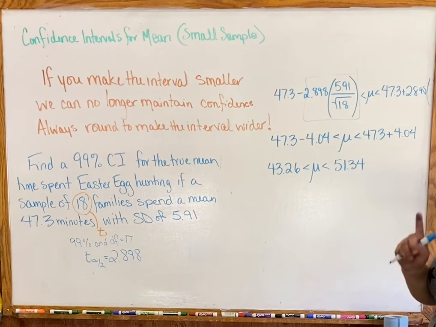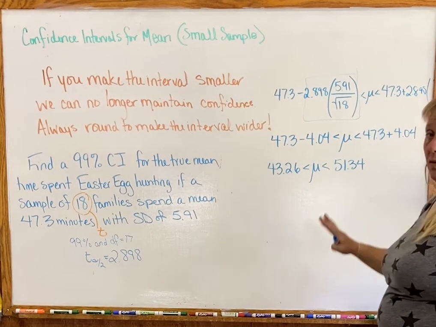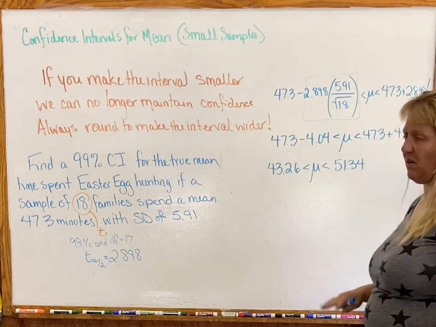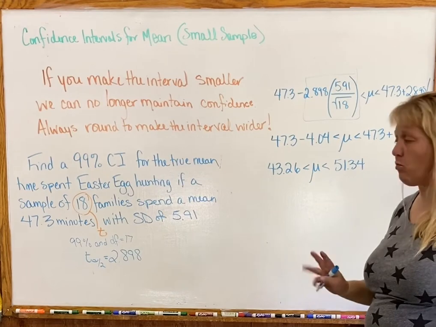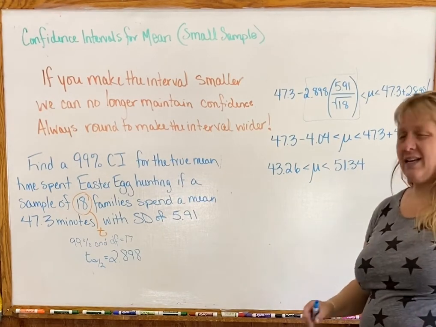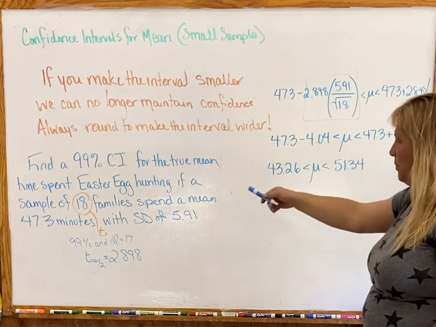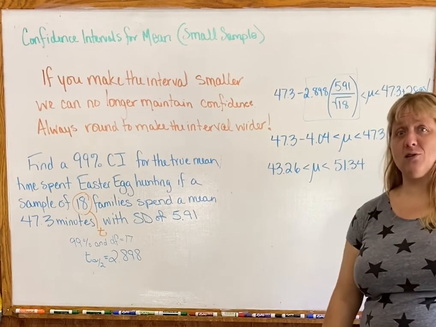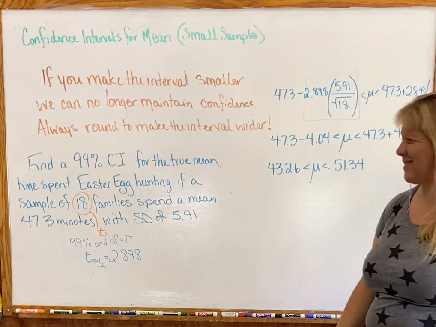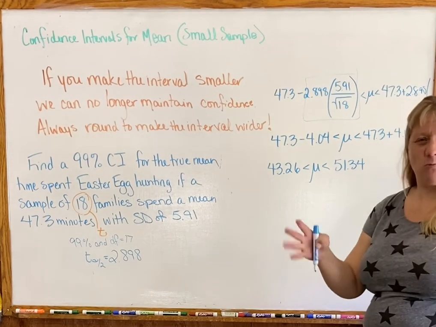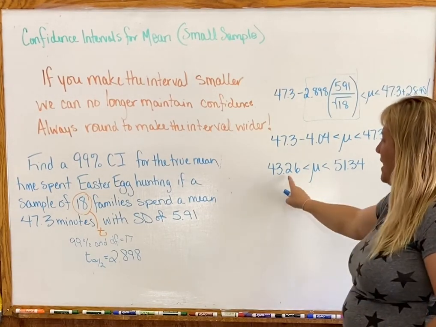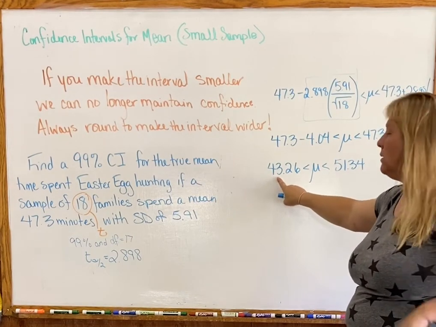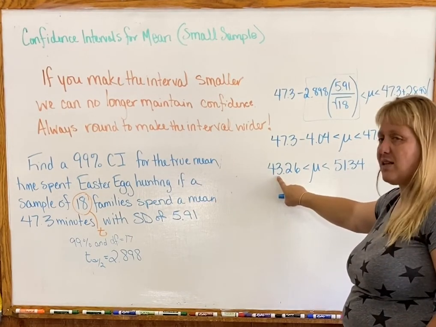Okay. Now here is a perfect example of what I'm talking about with the rounding. Again, easier just to leave it as decimals, okay? Just leave the decimal there. There's nothing wrong with that. But if you were talking to someone, do we normally tell people decimals of minutes? Do you tell someone, I hunted for Easter eggs for 43.26 minutes? No. Normally we would just round, okay? But in this case, this would round to 43, and that's fine.